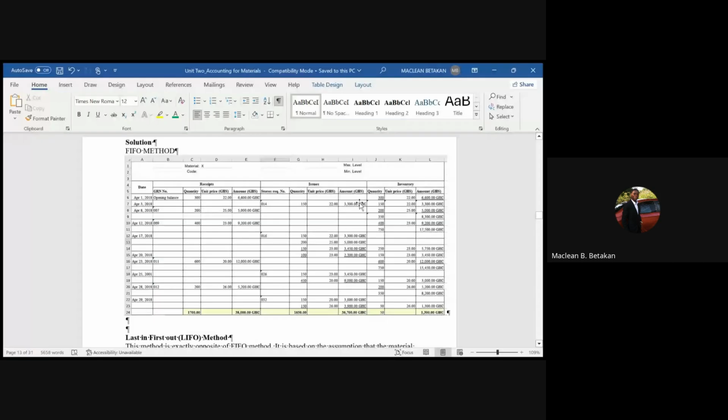Then we're having 300, issue out 150. You are left with 150. Then the amount was 6,600. You issue out 3,300. You are left with 3,300. So it's the same price, 22.